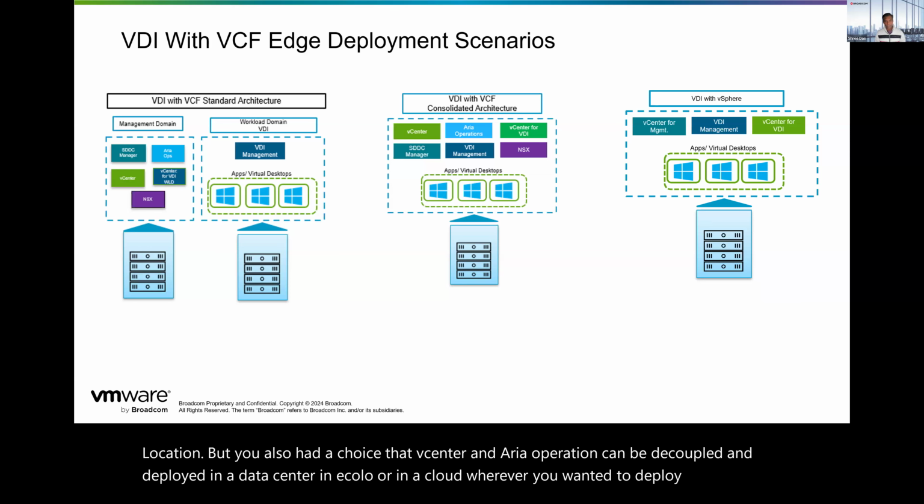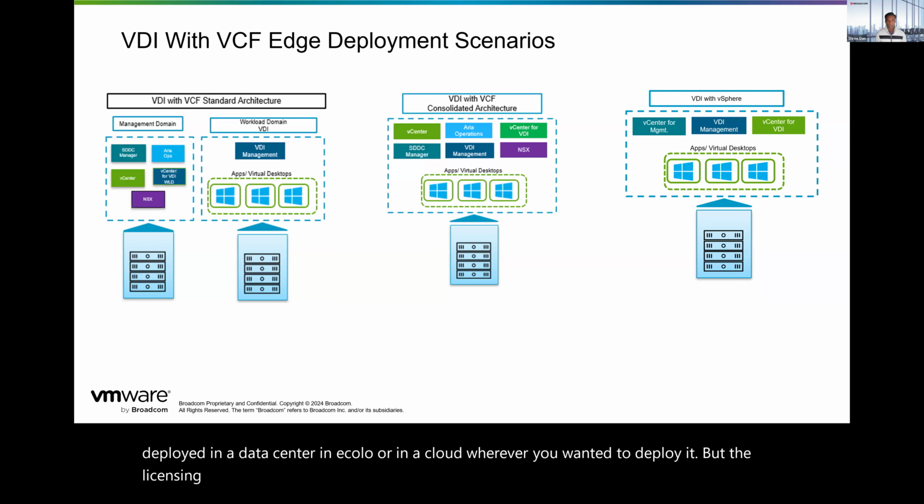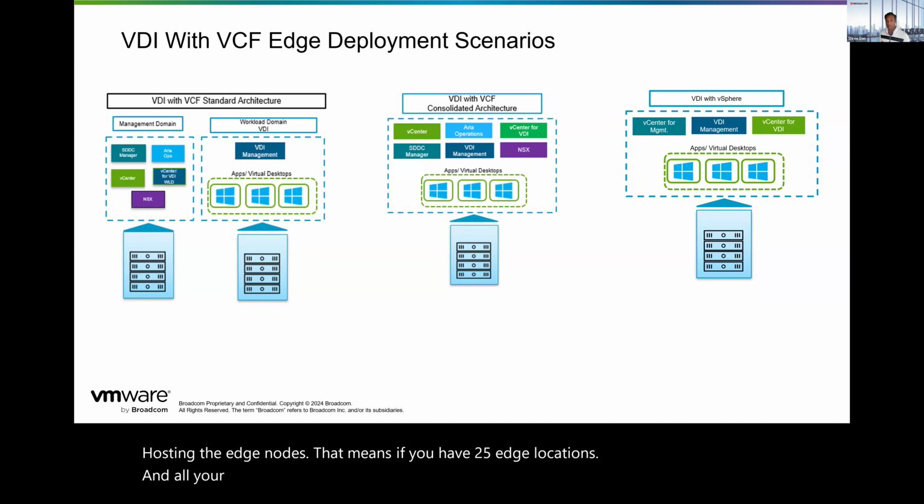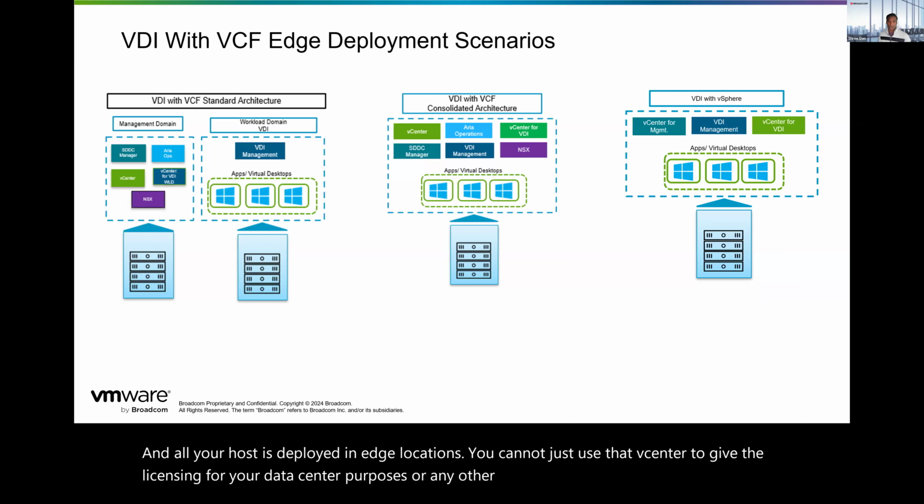But the licensing of the VCF Edge, which is going to the vCenter, should be only hosting the edge nodes. That means if you have 25 edge locations and all your hosts are deployed in edge locations, you cannot just use that vCenter to give the licensing for your data center purposes or any other locations, right? You have to dedicate that edge location licensing, right?